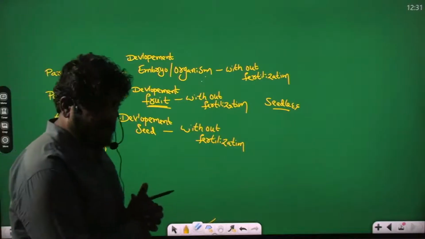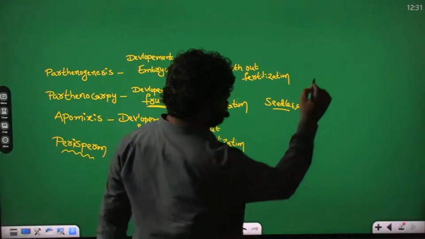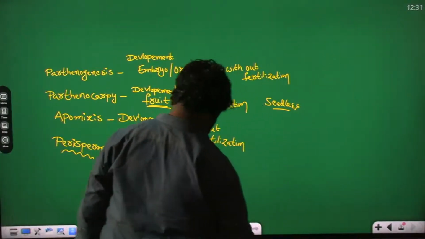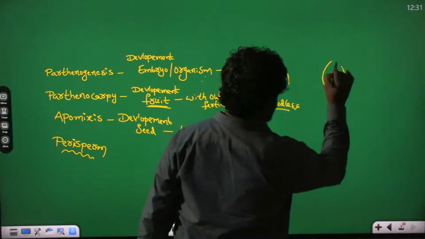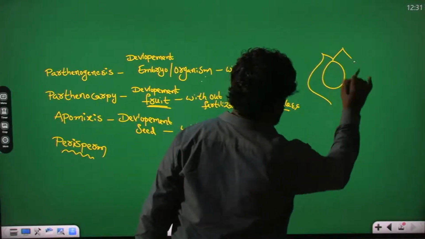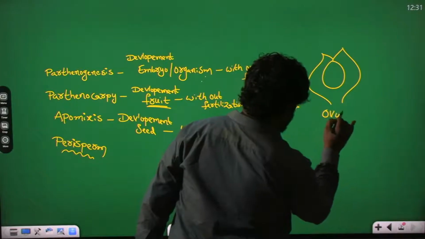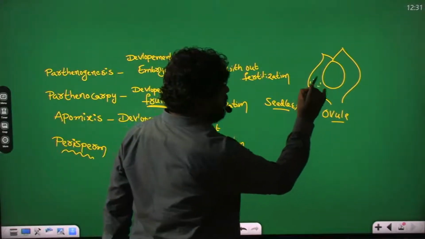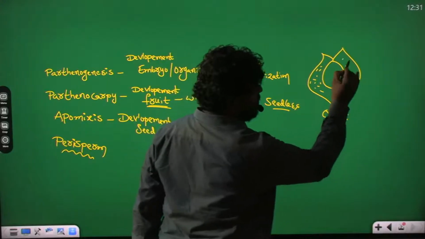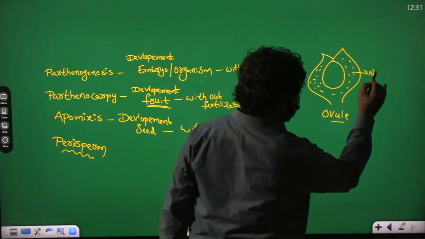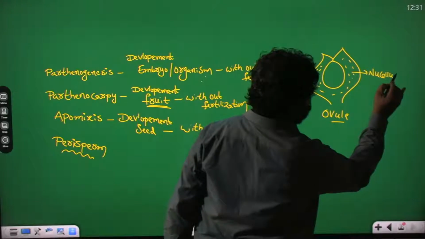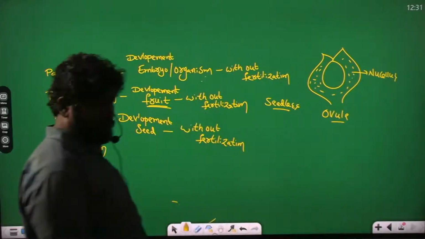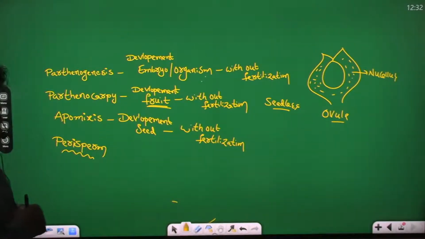Imagine, I am just taking a rough diagram. Imagine this is the ovule. This is the ovule, we already studied. Inside the ovule, one fertile tissue is present, this dotted one. It is called the nucellus. Inside the ovule, one diploid and fertile tissue is present. It is called the nucellus.